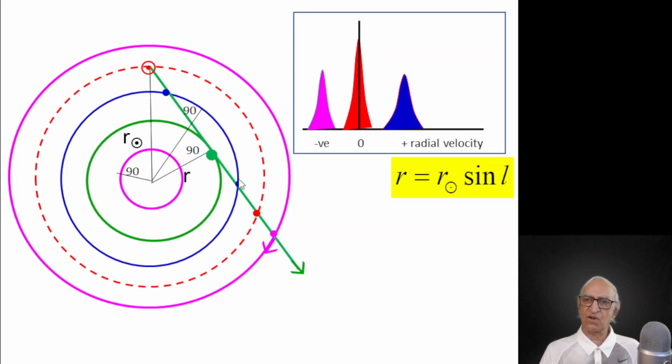The cloud on the blue circle will have positive radial velocity. There will be a distance ambiguity because both these will have the same velocity. And then this green cloud along this longitude will have the maximum radial velocity and it's positive. And we have now identified that velocity as the circular velocity of that cloud around the center of the galaxy.